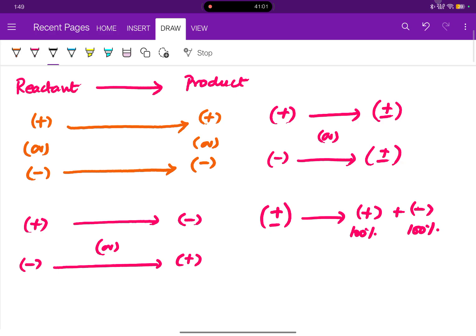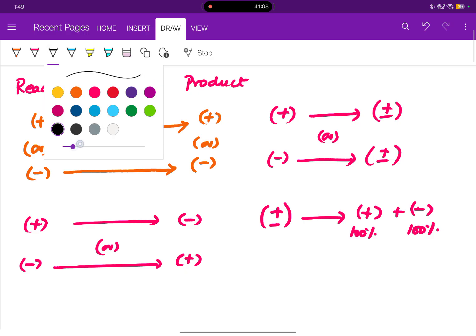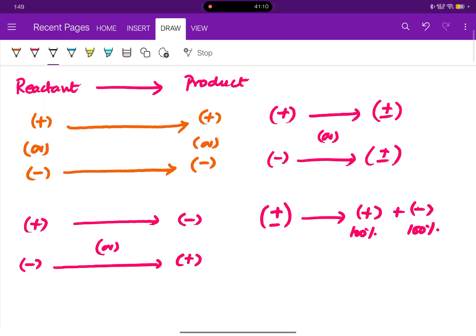Okay, no problem. If the sign convention, if the optical activity remains the same, a pair will change. This is called retention. If plus becomes minus, that is called inversion. Yes, sir.